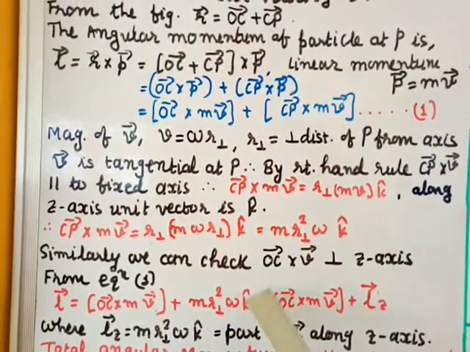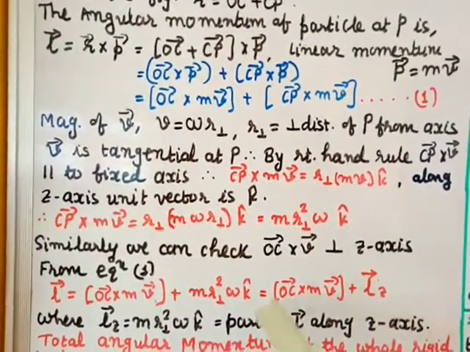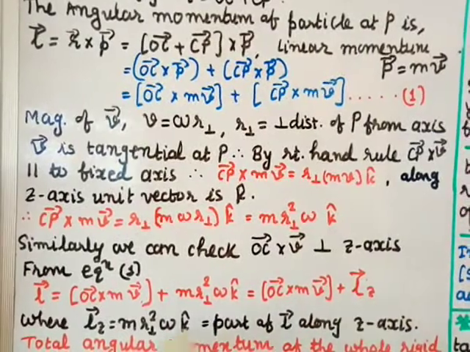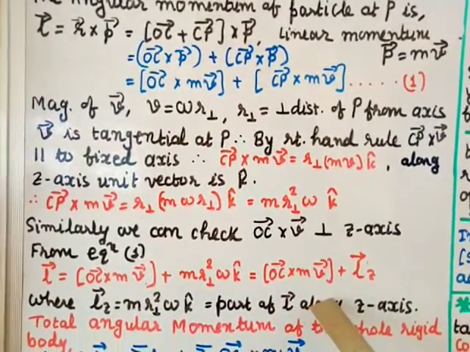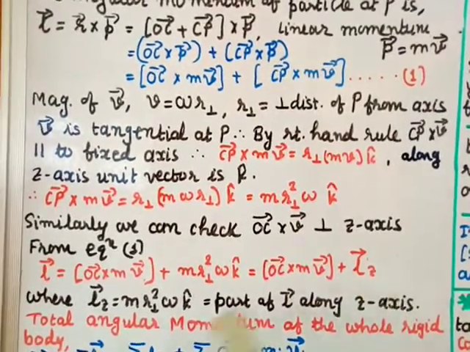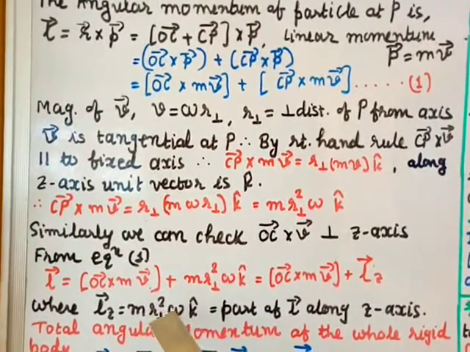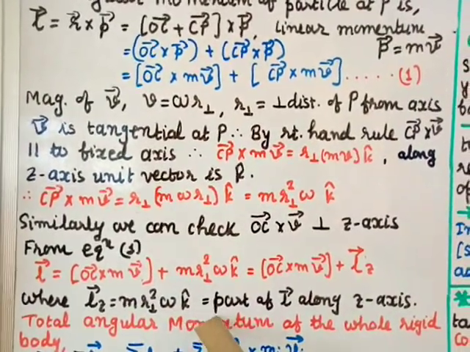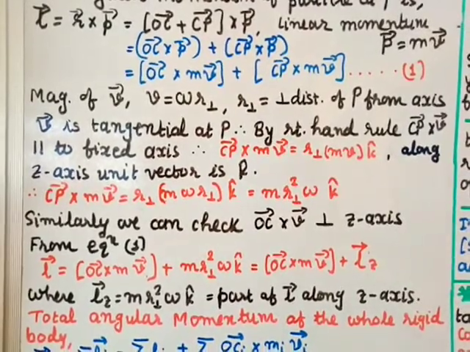This value I denote by Lz. So I can write vector L equals vector OC cross m into vector V plus Lz, where Lz equals m r perpendicular square omega into k vector. This I have called the part of vector L along the z axis.